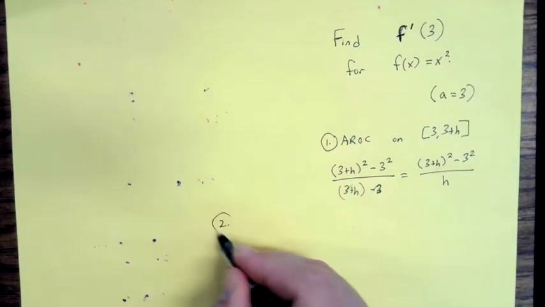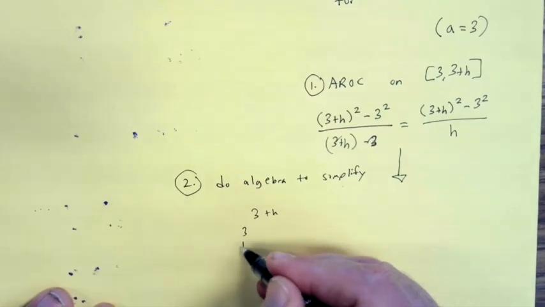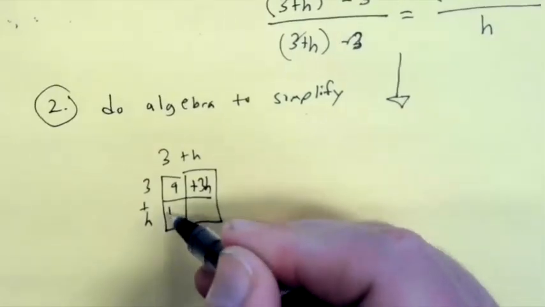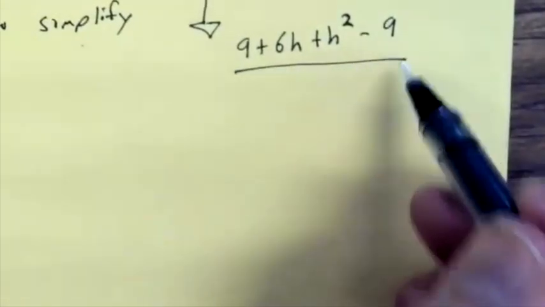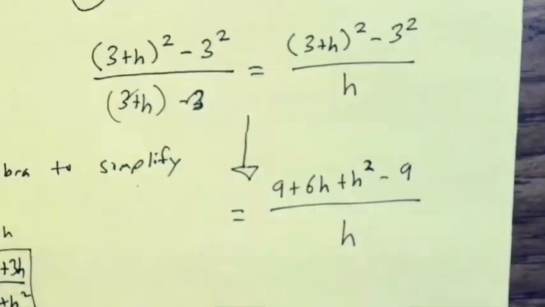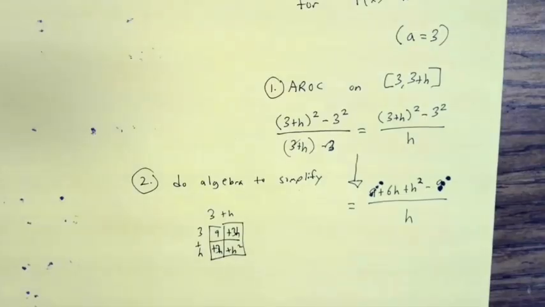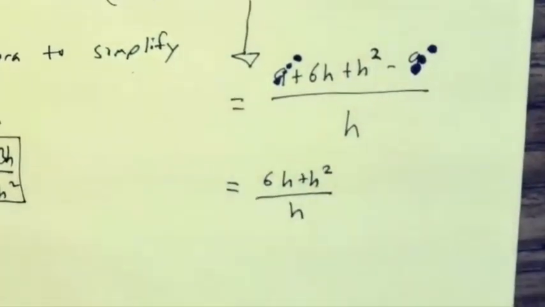But now we're going to do algebra to simplify. And if I do 3 plus h squared, I get 9 plus 6h plus h squared minus 9, all over h. Cancel those 9's. And now I have 6h plus h squared over h.